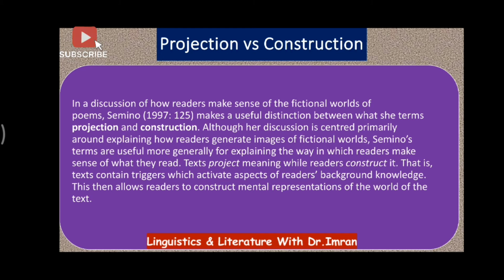So then you will associate your background knowledge with what? With the text you are reading. So this is the difference between text projection and construction. So meaning is constructed by the reader, while meaning is projected by the text. So text projection and then meaning construction.